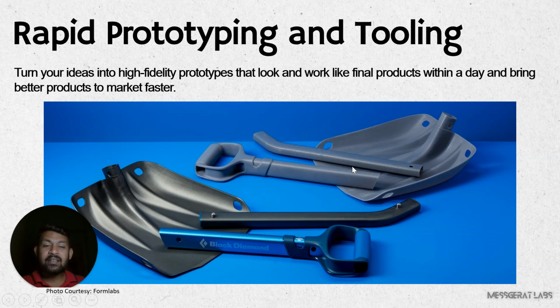Now, the catch here is that in prototyping, you can prototype for multiple purposes, such as just ideation or visualization. You can also prototype for functional testing. So you need not have the same material which you will be producing the part in during mass production. For example, here you can see there is earth digging equipment. I'm sorry, I'm missing the name of this particular equipment, but it is basically made of some metal alloys.